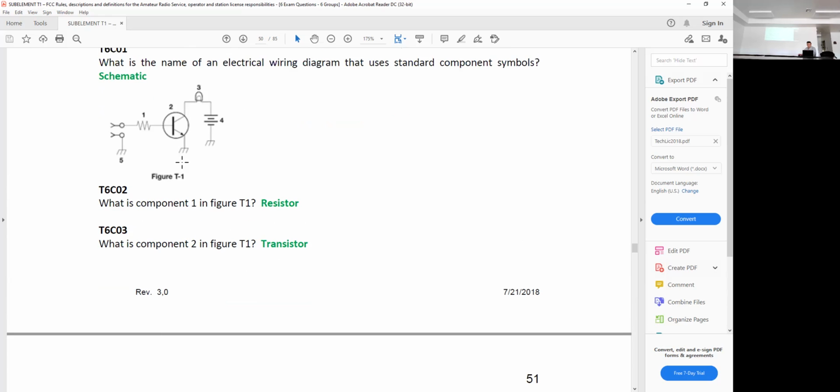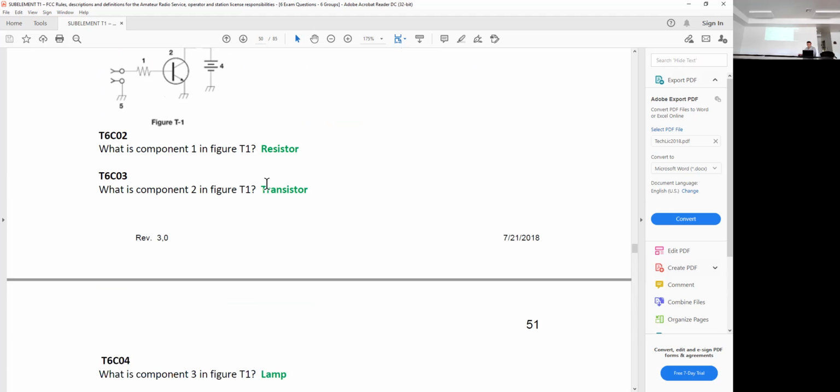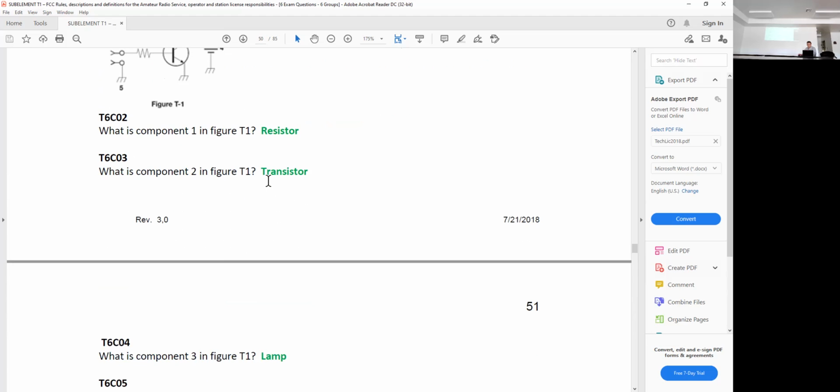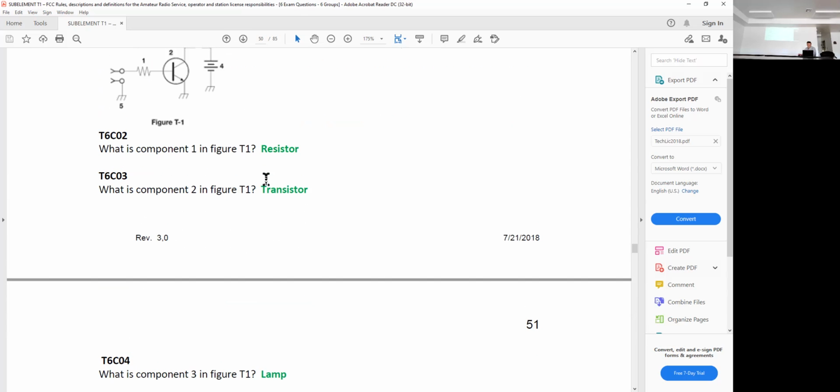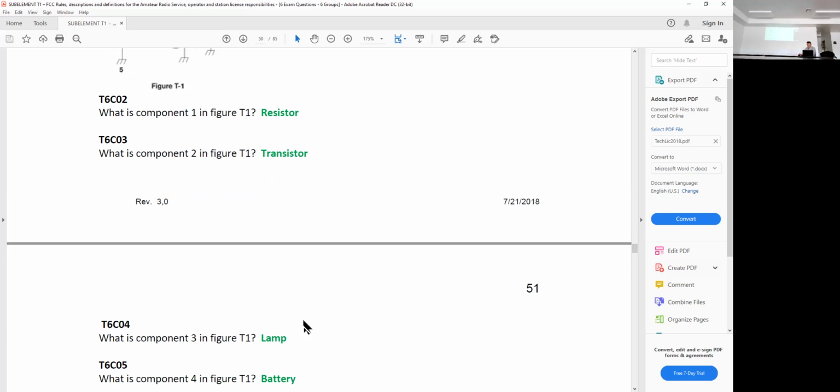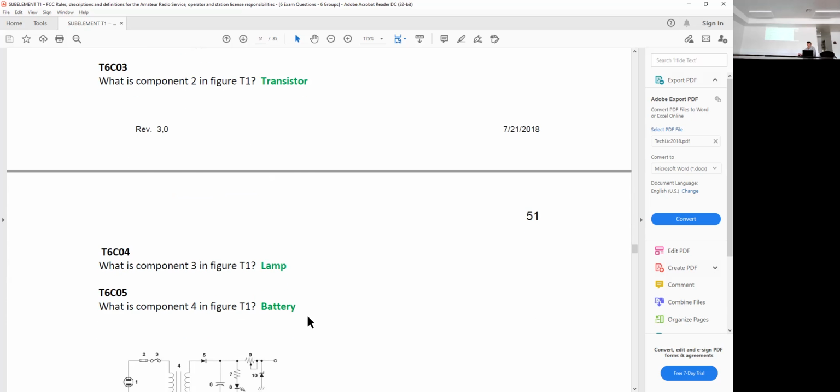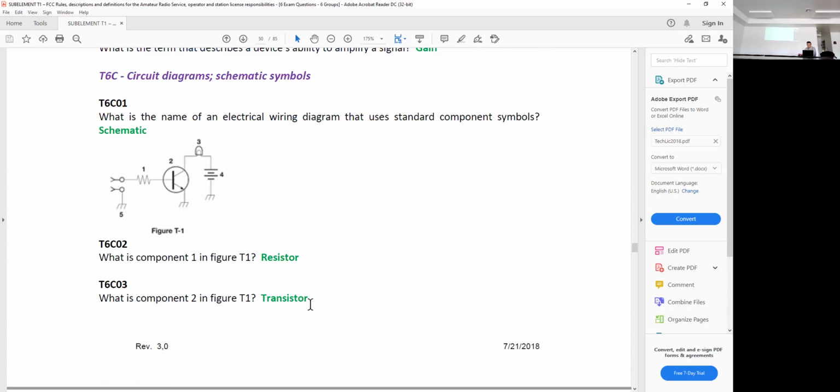So what is component 1? The resistor. Component 2? You figure you'll be able to remember those? You think of the garden hose and that it's resisting flow. And figure 3 is the lamp, and number 4 is the battery.